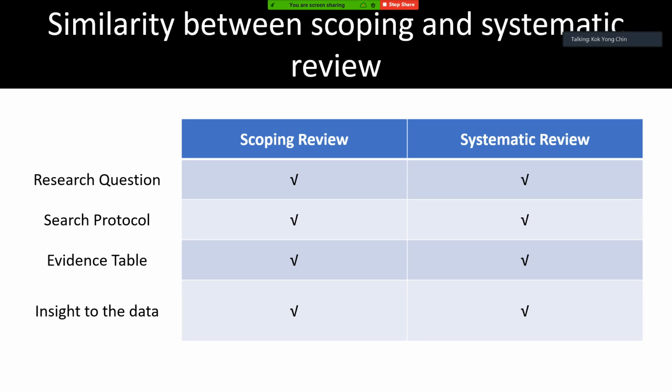Both of them are not just a summary of evidence or a summary of past studies. You need to provide new insight into what is happening, what can be, and how a field can evolve, in order to produce a good review that's valuable for readers to read, okay.